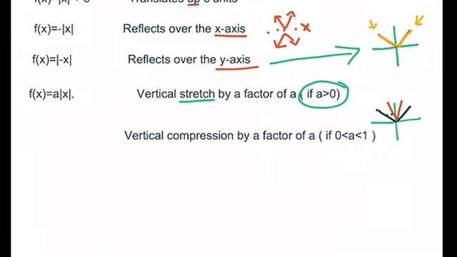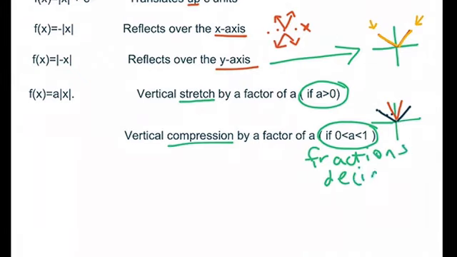A vertical compression happens when a is a factor between 0 and 1. In other words, these are fractions or decimals. So a compression, if this is our parent function, is going to get compressed vertically, okay?